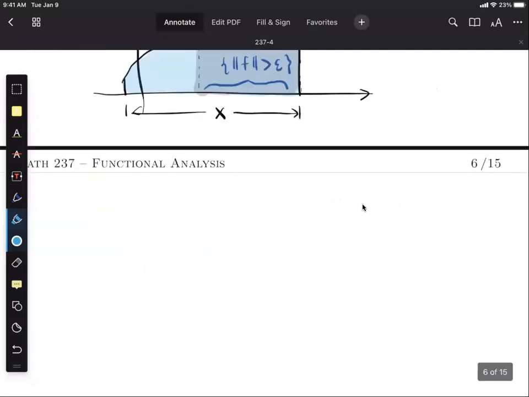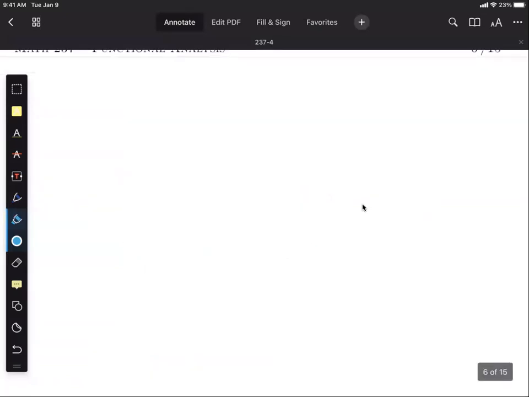Okay, and the last property would be the following.